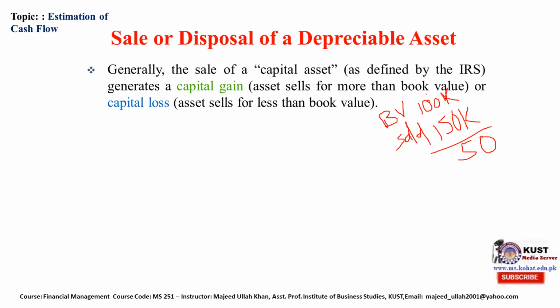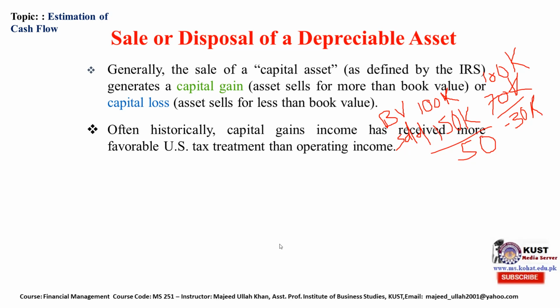If it is sold for, let's suppose, 70,000, against the 100,000 book value, we will call this 30,000 capital loss. So an asset sold for more than book value gives a capital gain. An asset sold for less than book value gives a capital loss.